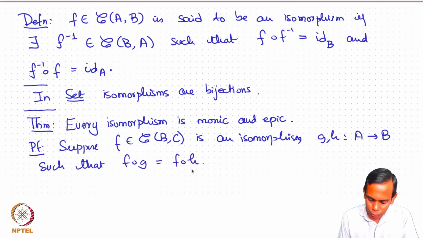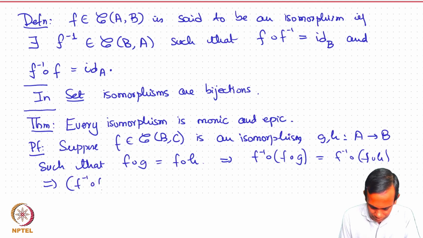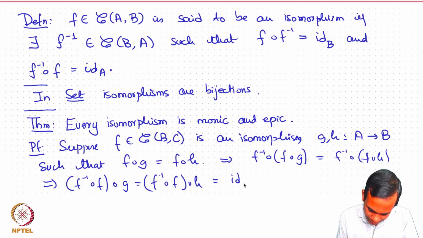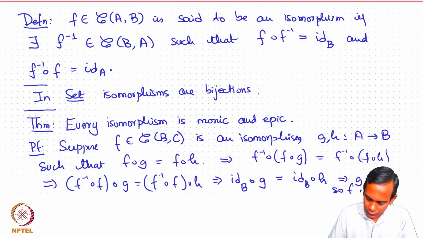So what I can do is now I can pre-compose this. F inverse circle F circle G is equal to F inverse circle F circle H. But by associativity, this implies that F inverse circle F circle G is equal to F inverse circle F circle H. But by definition of F inverse, this is identity of B. F inverse goes back to B. So identity of B circle G is equal to identity of B circle H. But identity of B circle G by the identity axiom in category theory is G. So this implies that G equals H. So F is monic.